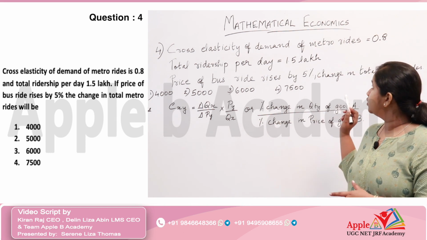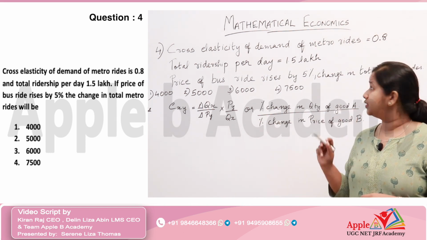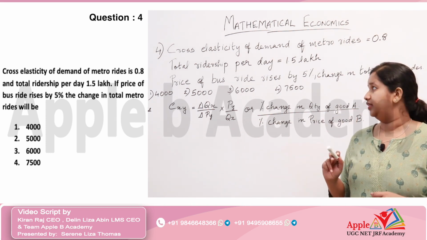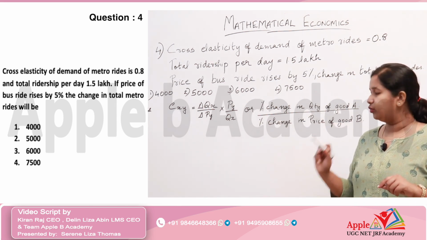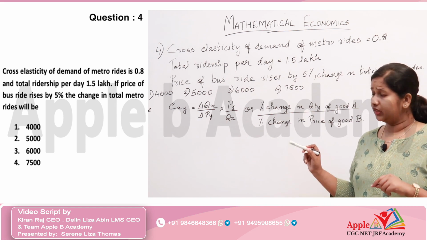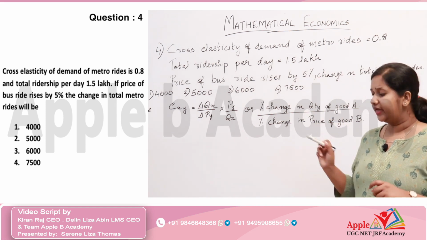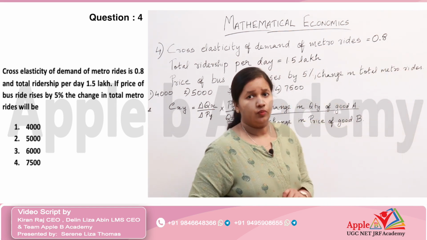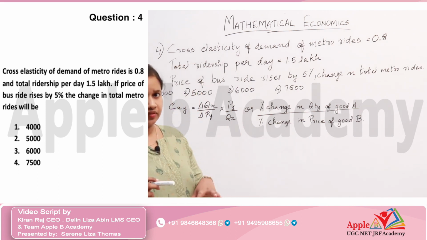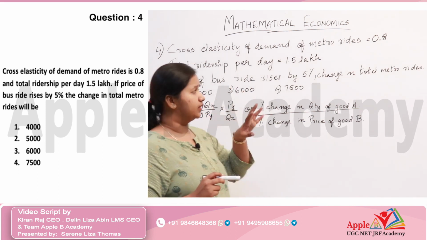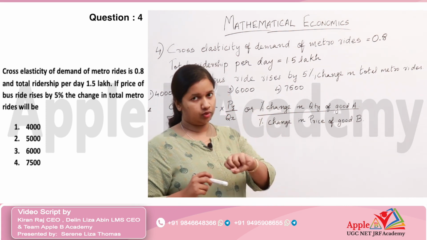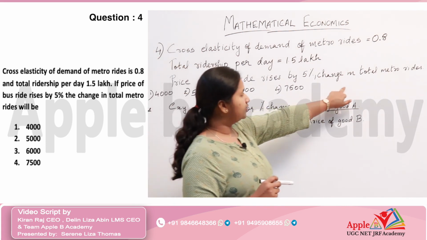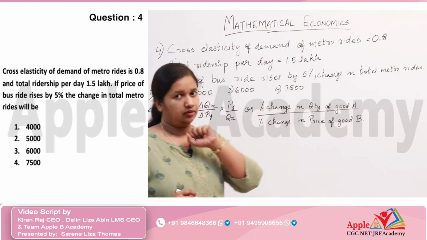Cross price elasticity of demand of metro rides is equal to 0.8. Total ridership per day is given, which is 1.5 lakh. If the price of best ride rises by 5%, we need to find the change in total metro rides.